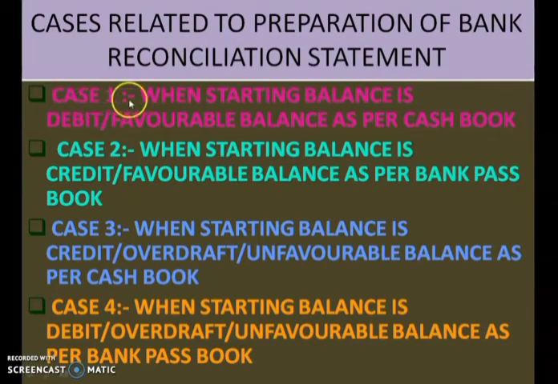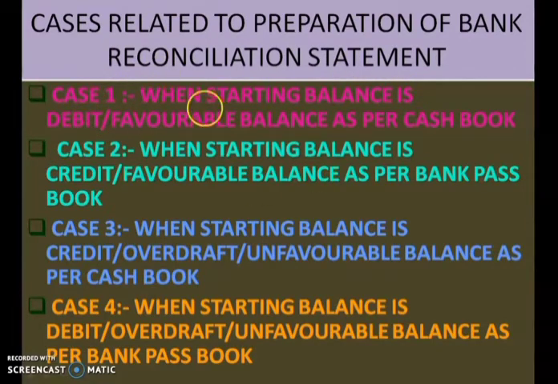First is case 1, when the starting balance is debit or favorable balance as per cash book. You know that cash is an asset. An asset shows a debit balance. That means if it is showing a debit balance, you have to understand that there is cash in the cash book.